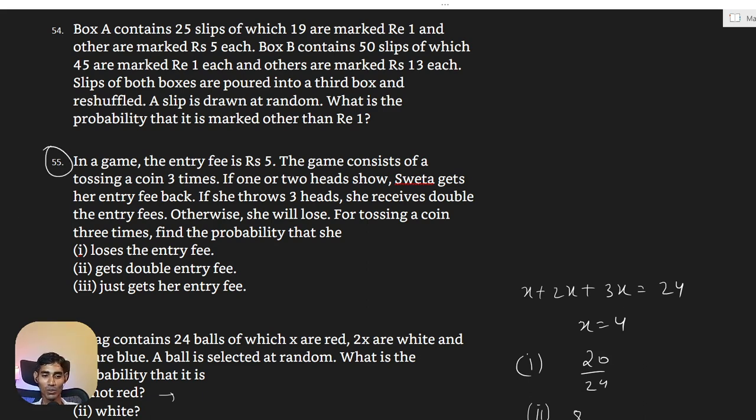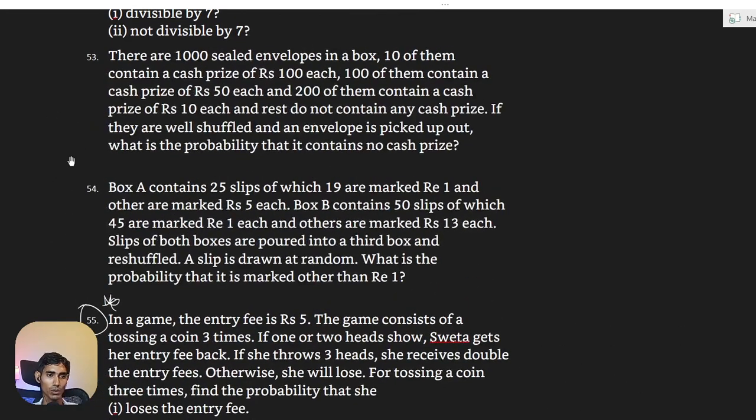I wanted to do this 55th question, but I think it's time. So please compulsorily do this. This is a very important question, the most difficult question of this chapter, what I feel personally, a little tricky. The rest of the questions shouldn't be that hard.